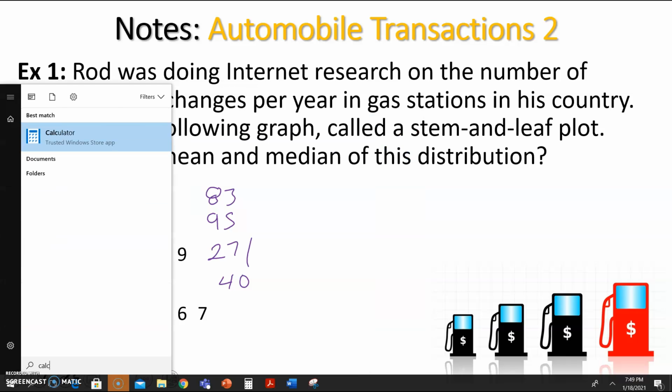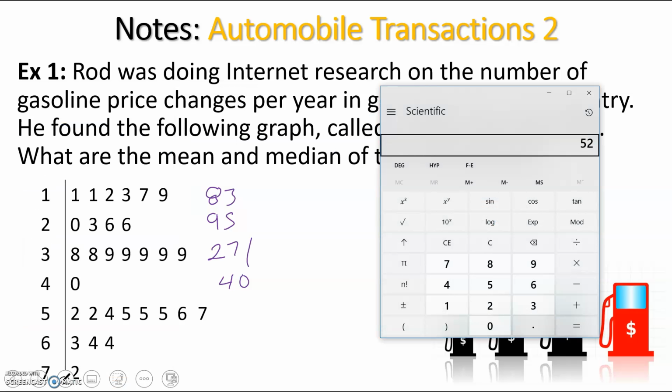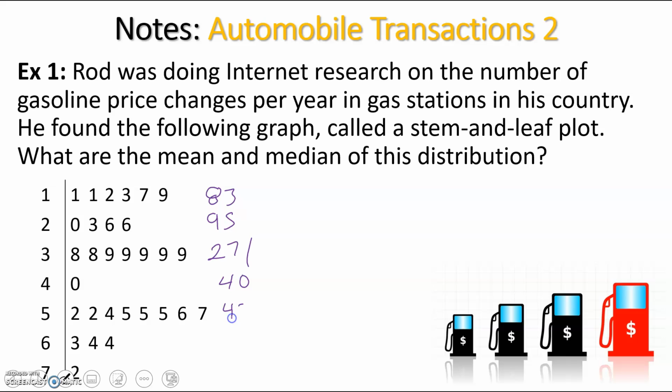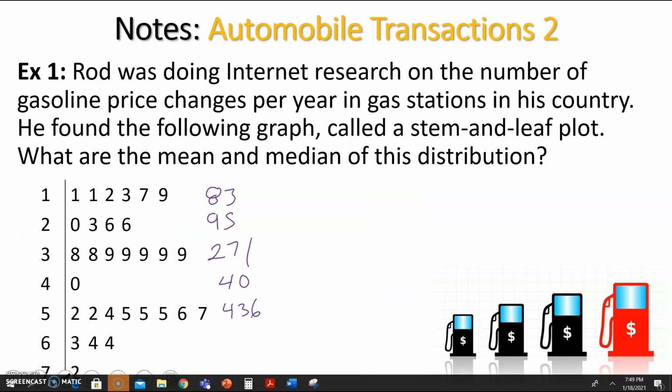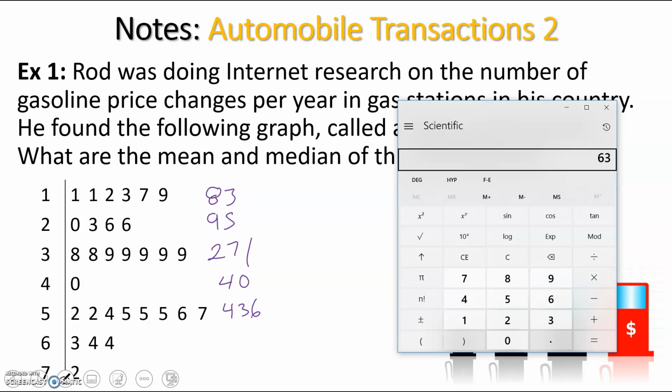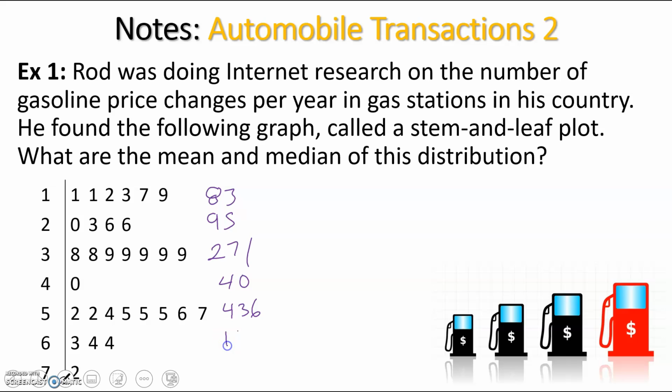And then our fifth row is 52 plus 52 plus 54 plus 55 plus 55 plus 55 plus 56 plus 57, or 436. And then our sixth row is 63 plus 64 plus 64, or 191.